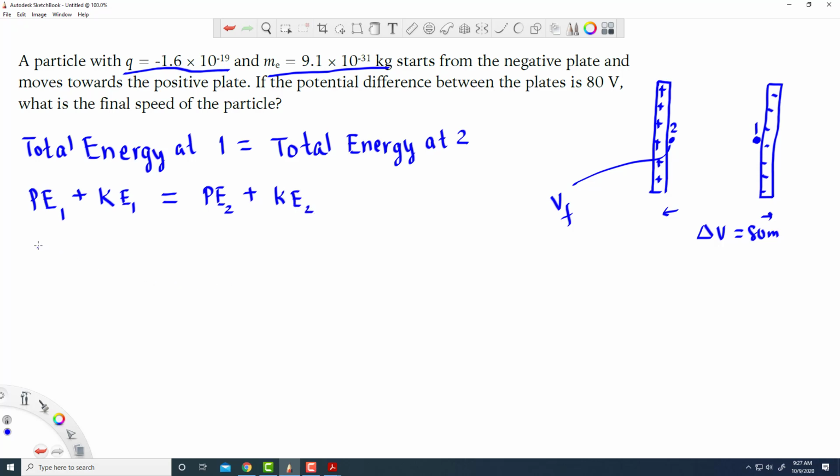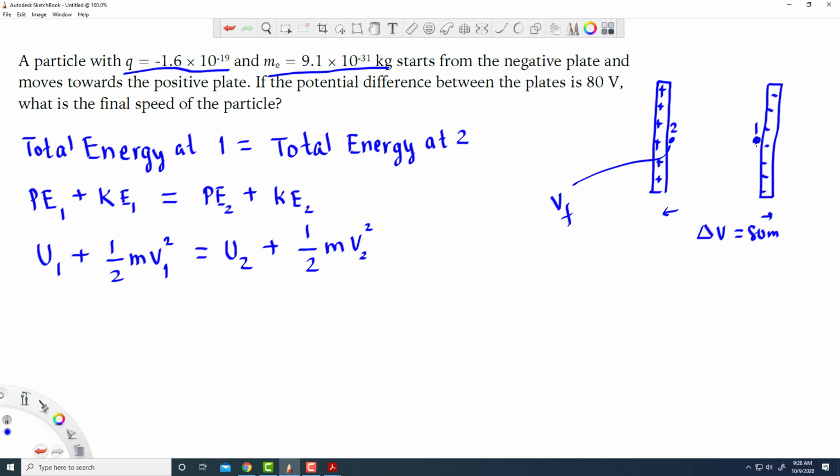Potential energy is denoted by U1 for our charge. Kinetic energy is 1/2 mv1 squared, that is equal to U2 plus kinetic energy 1/2 mv2 squared.